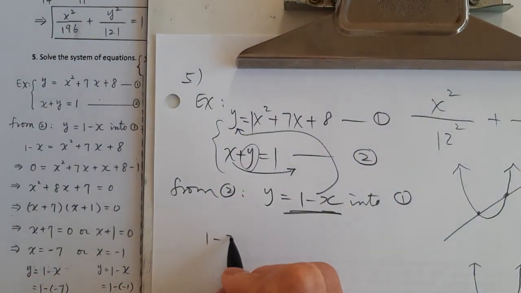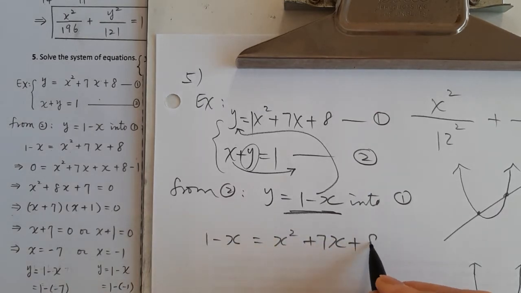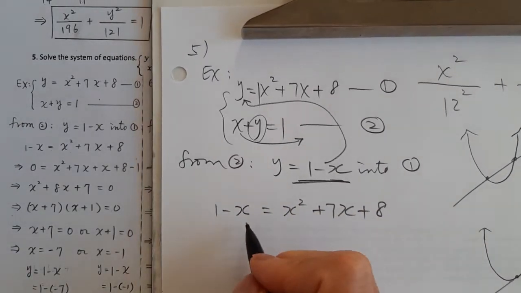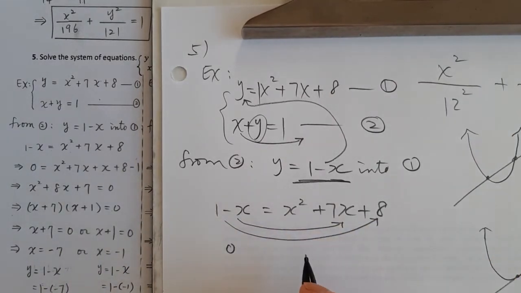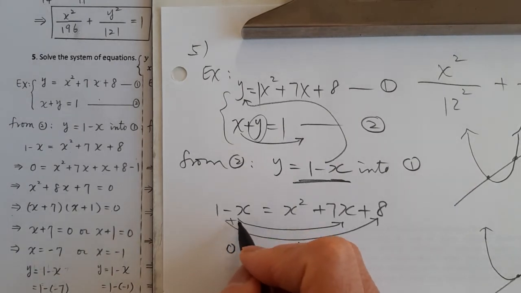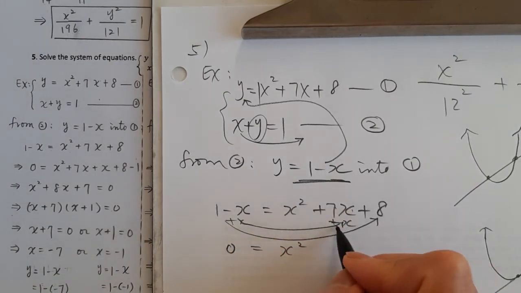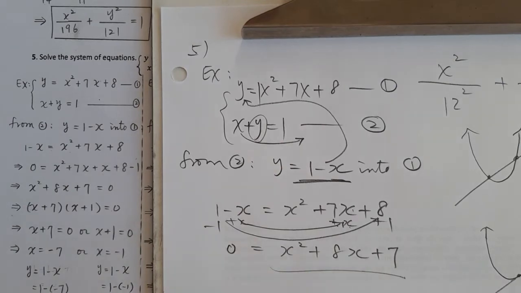So I get 1 minus x equals x squared plus 7x plus 8. Then you move this to the right side, and the left side is 0. So you get x squared plus 7x plus x is 8x, plus 8 minus 1, so it's plus 7.